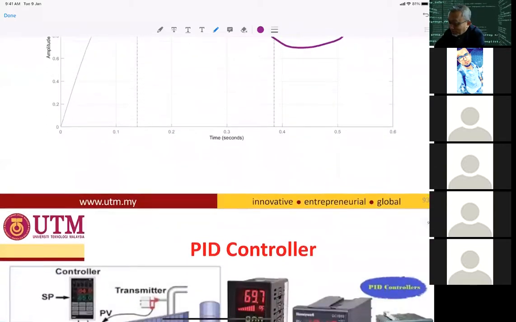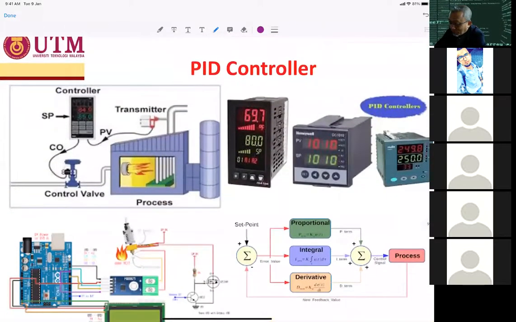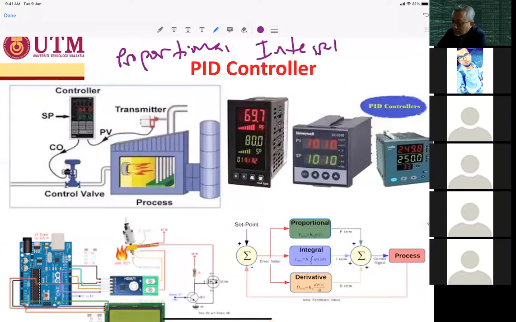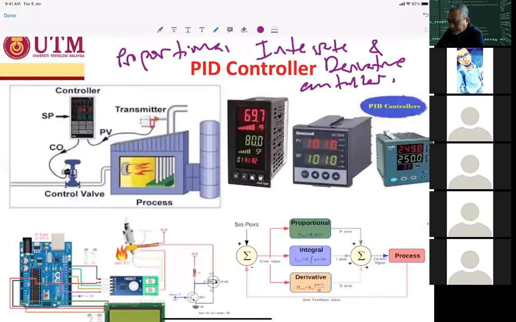Right, so if there is no question, we go to the PID controller. Okay, so PID controller stands for Proportional, Integral, and Derivative Controller. So the modern PID, we call it the digital PID, is shown here.